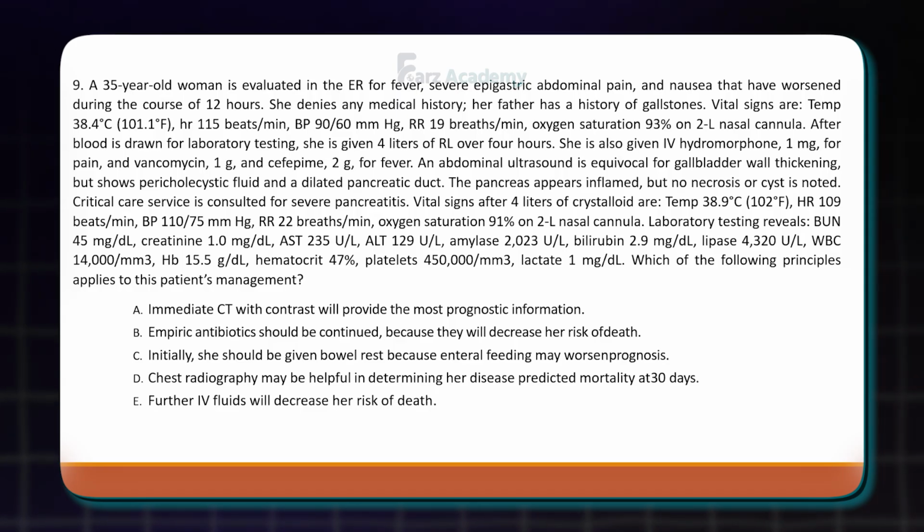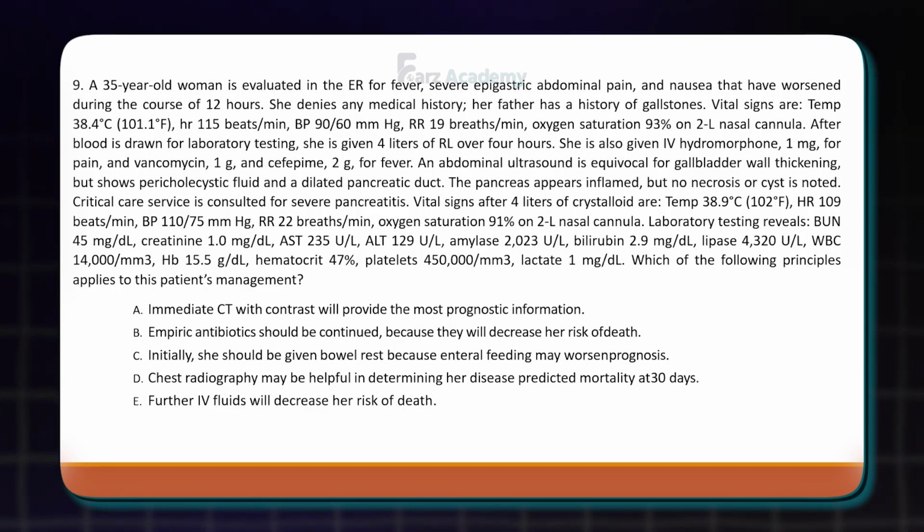Respiratory rate is 22 and saturation is 91% on 2 liters of nasal cannula. Labs: BUN is 45, creatinine 1, AST 235, ALT 129, amylase 2023, bilirubin 2.9, lipase 4300, WBC 14,000, hemoglobin 15.5, hematocrit 47, platelets 450,000, lactate 1. Which of the following principles apply to the patient's management?